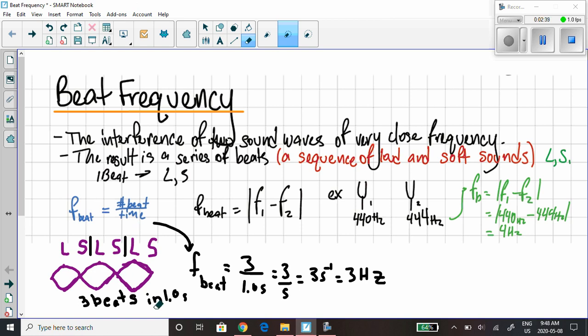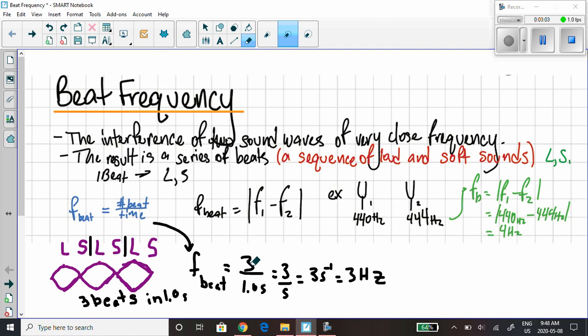And let's say you hear those 3 beats in 1 second. Well, there's an equation that will let you calculate what the beat frequency is. Beat frequency is equal to the number of beats divided by how much time it took for those beats to occur in. So frequency beat would equal 3. There's no unit, you're just counting something like 3 apples, 3 oranges, 3 beets.